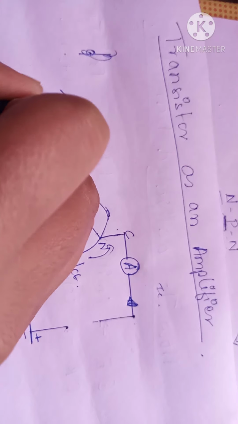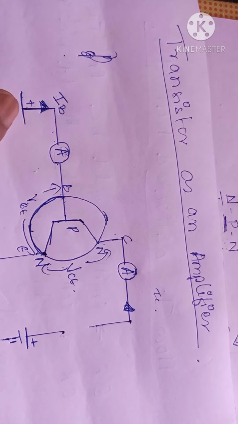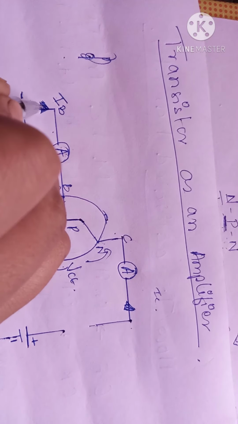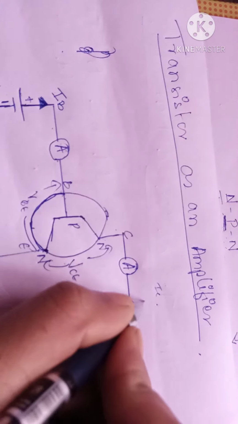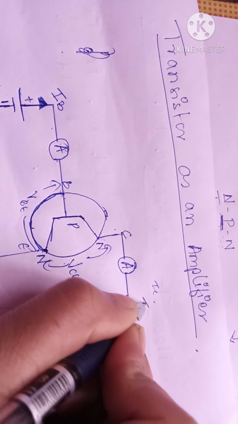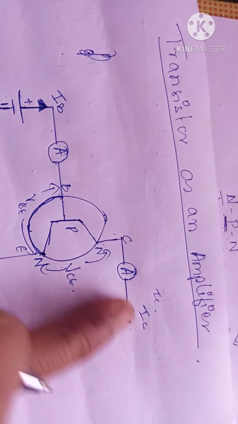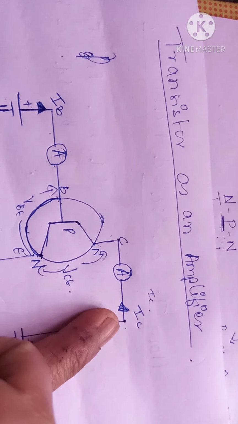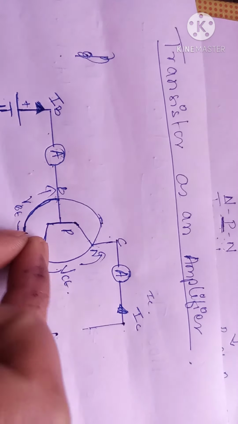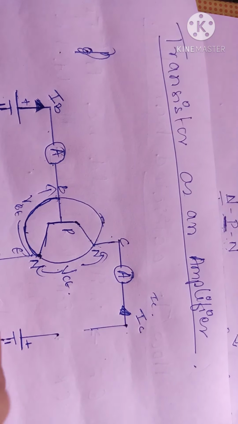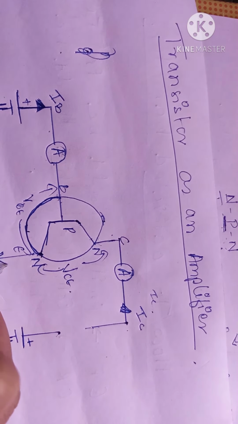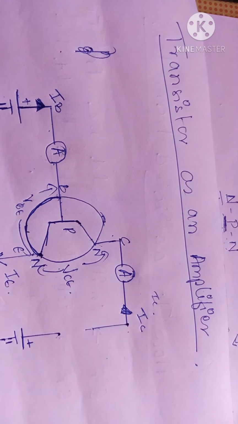IB is the base current, and this is the collector current IC. If you observe, both base current and collector current are incoming currents. So the emitter current IE should be outgoing.